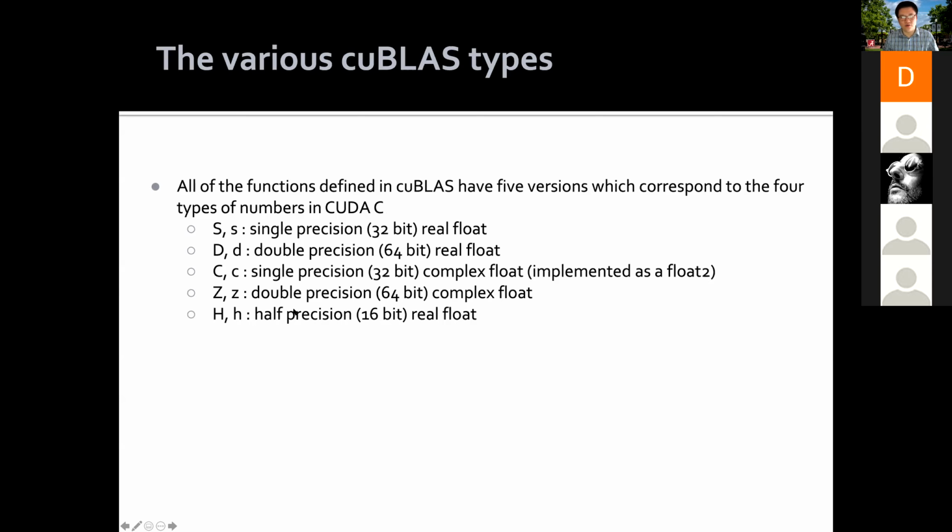Also, one thing I want to mention: nowadays a lot of operations or algorithms can be based on half precision, 16-bit. Let me use machine learning or deep learning as an example.